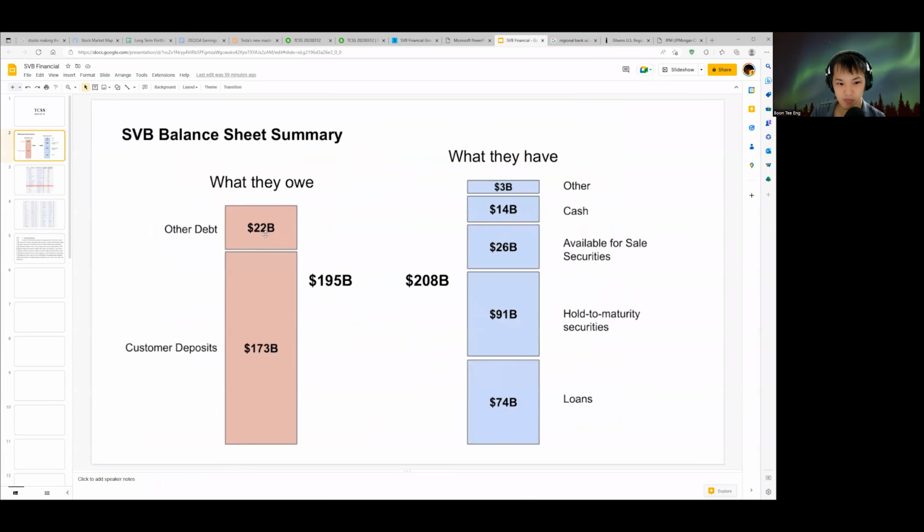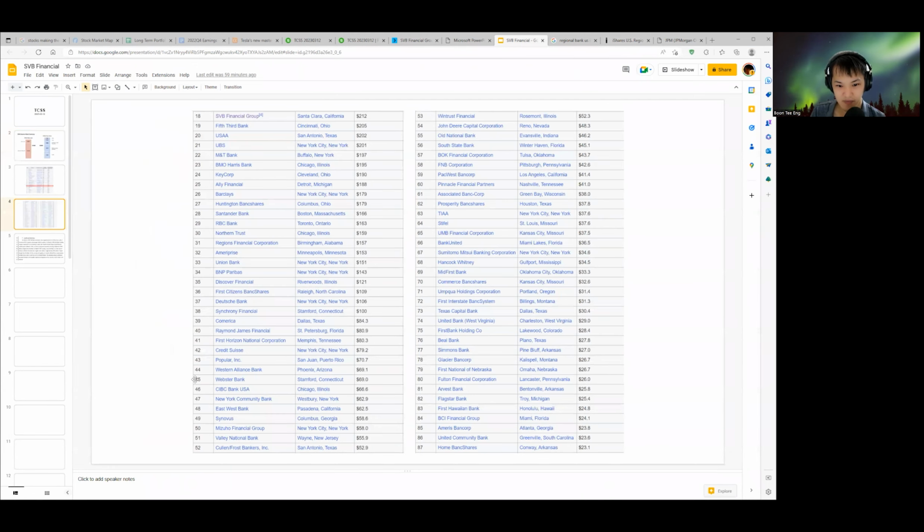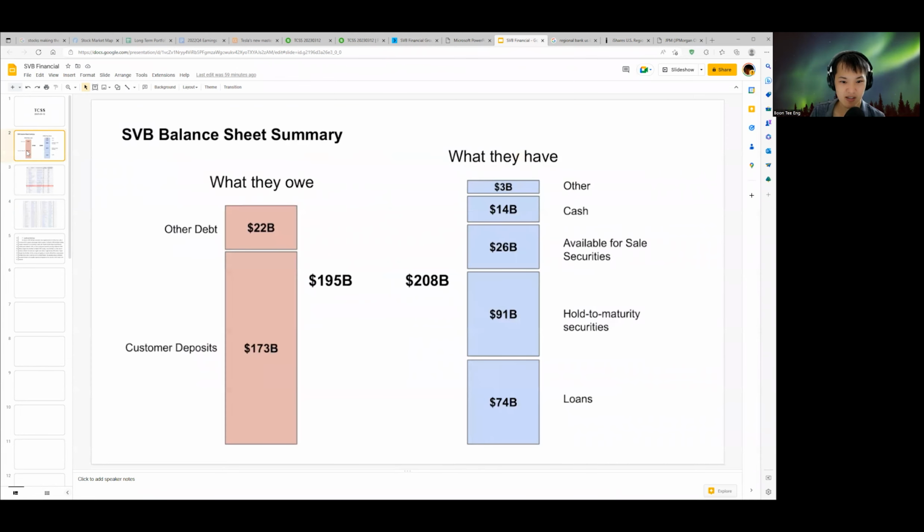So I think the problem is that all these smaller banks will have trouble if there's a loss of confidence in them. That's why I say someone has to step in, either the US government or some larger bank.